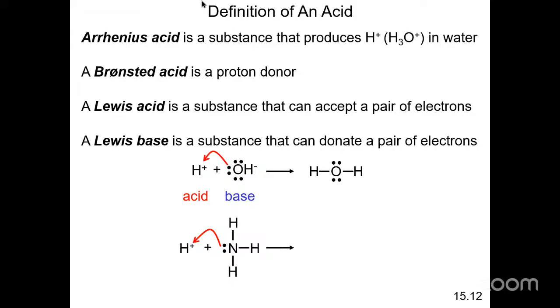That would be the percent dissociation of the base. This would be for the acid, which is what we did up here. This is the formula for the percent dissociation of the weak acid. This would be the formula for the percent dissociation of the weak base.